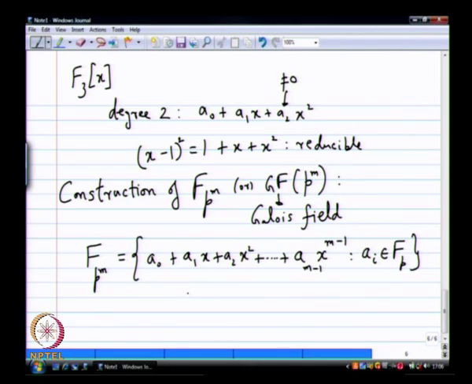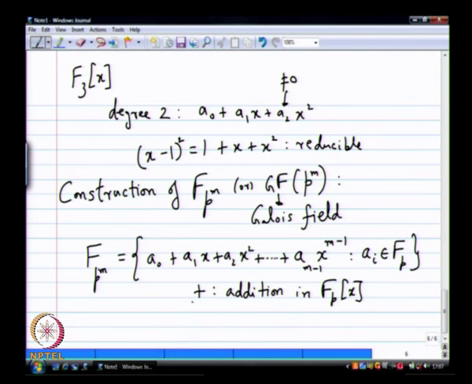So, the crucial part is addition and multiplication. Addition will be just regular addition, addition in Fp[x]. So, there is no problem there. You see all the properties are satisfied. Closure is satisfied.